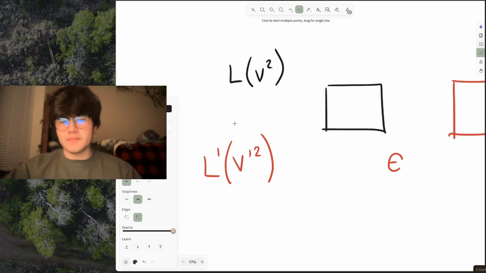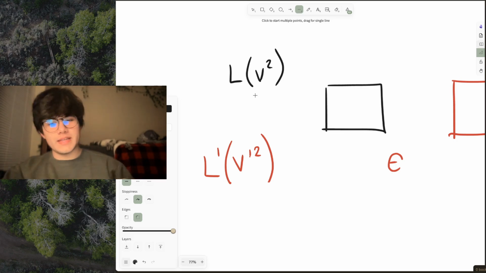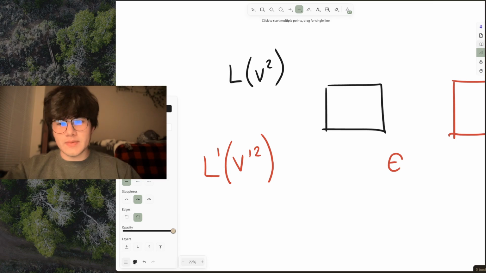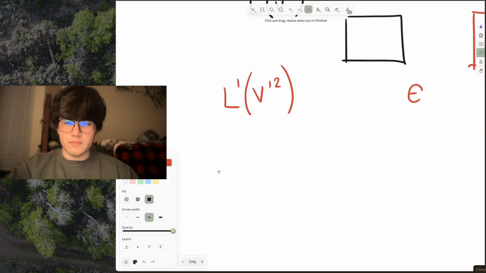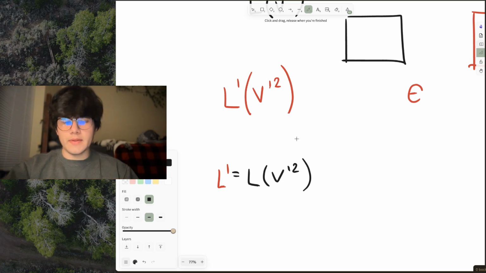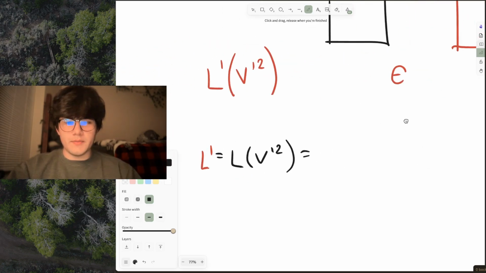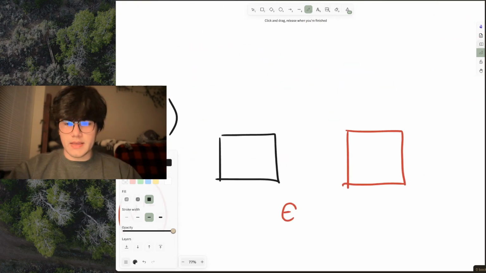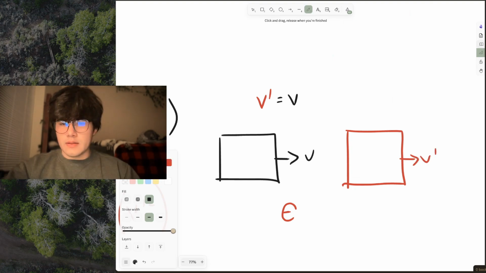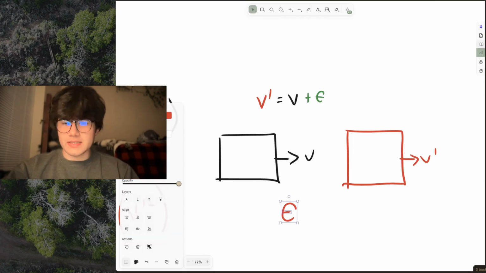Because both frames are inertial, they have the same equations of motion. That means we can express this L prime in terms of L, if we just substitute in v prime squared instead of v squared. If we expand this, we'll say that v prime is equal to v plus epsilon, and let's make this epsilon green.